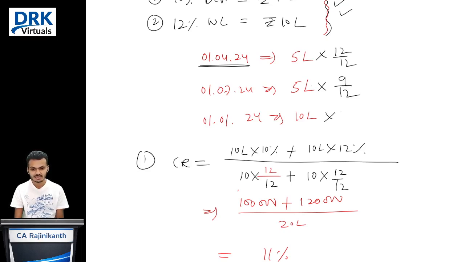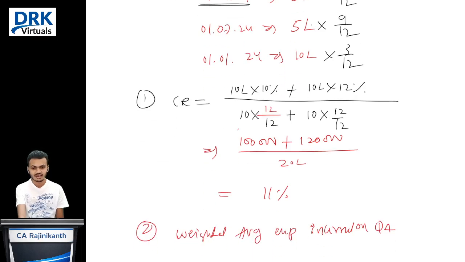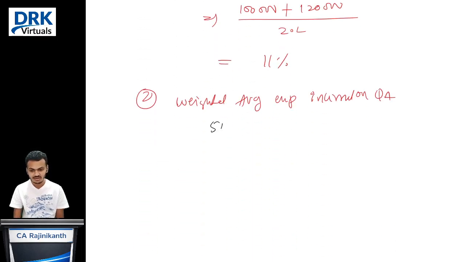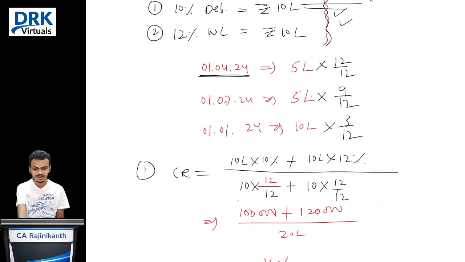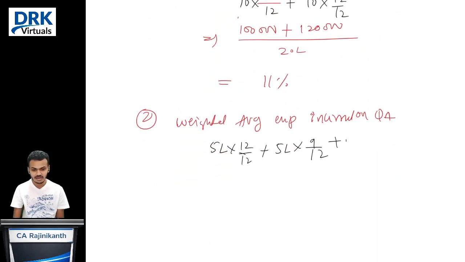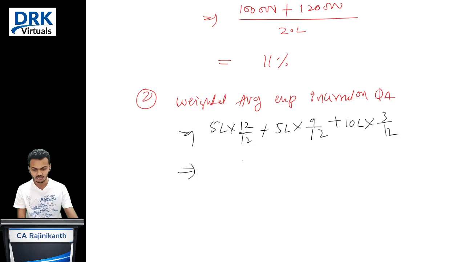This one, 3 by 12. So now you write 5 lakh into 12 by 12. Next 5 lakh into 9 by 12, correct? 9 or 6? 9. And next 10 lakh into 3 by 12. So you will get one amount, correct? What is that? 11.25.